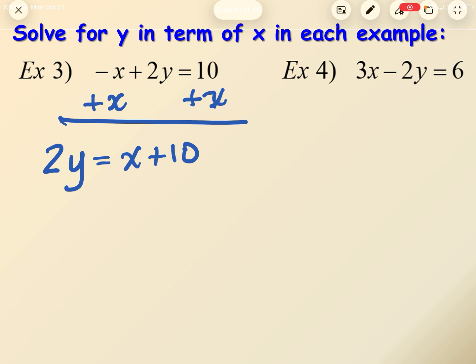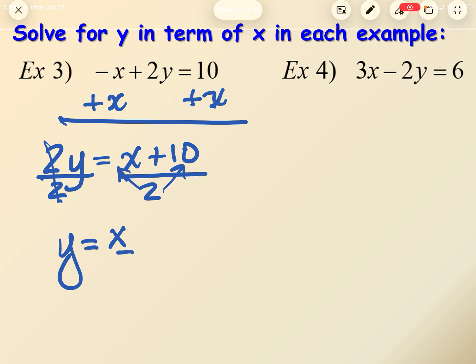Is that the final answer? Do I want 2y? No, so what do I got to do now? Divide by 2. Now here's where it gets interesting. This 2 goes into every term. So your final answer would be x over 2 plus 5.